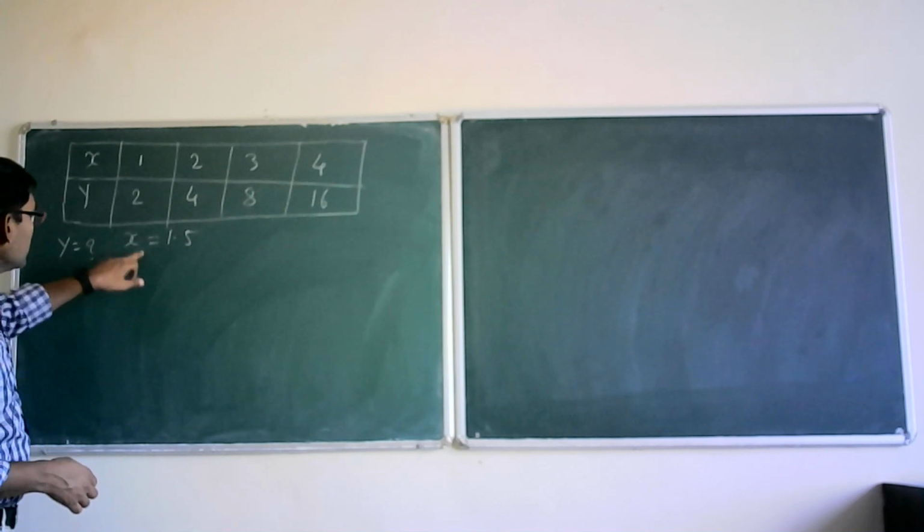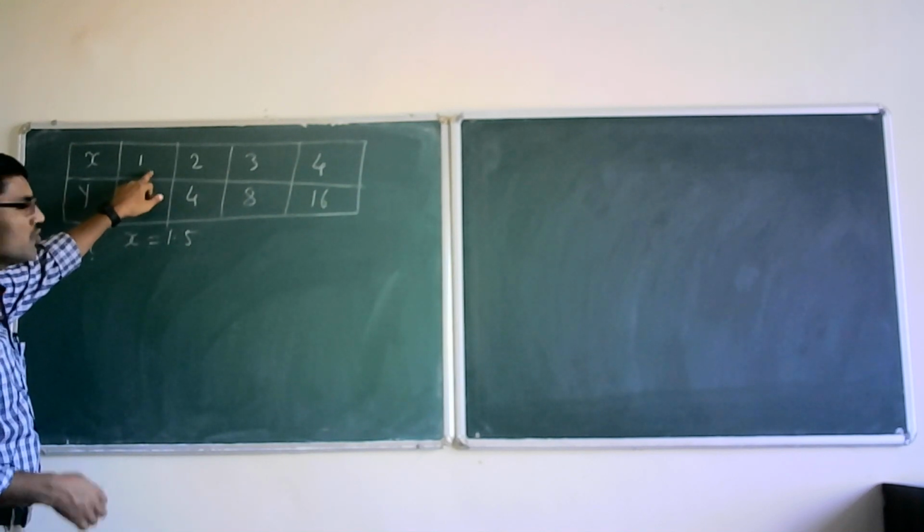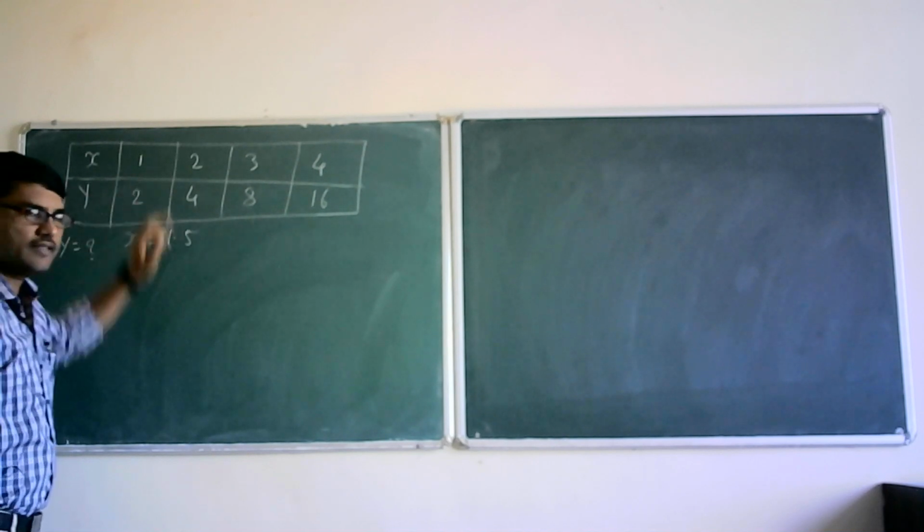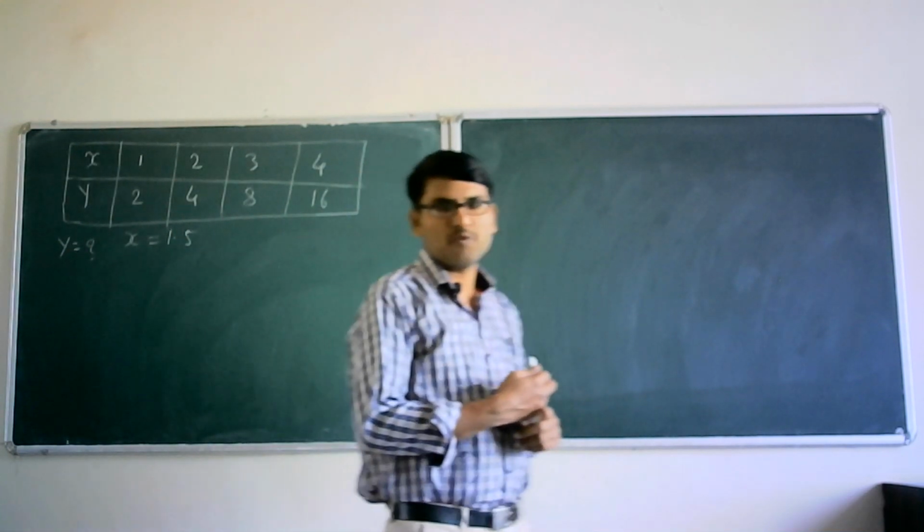If you observe, x equal to 1.5 is very close to the first value, and that's why we want to apply the forward interpolation formula.